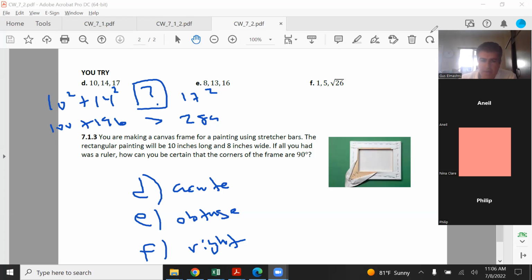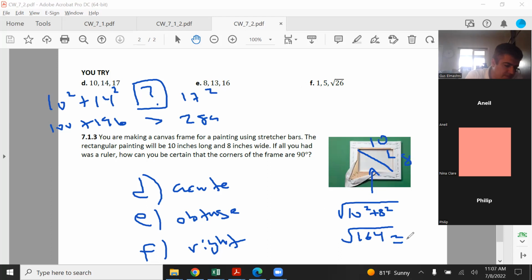For the one word problem down here, if you say you have a painting that's 10 by 8, and if you want to guarantee the corners are at 90 degrees, then I would expect this, assuming that's the right angle, to be the square root of 10 squared plus 8 squared, or root 164, which is approximately 12.8.